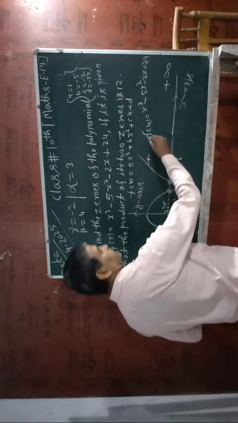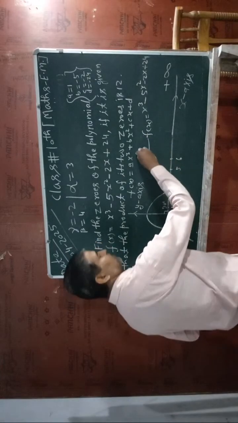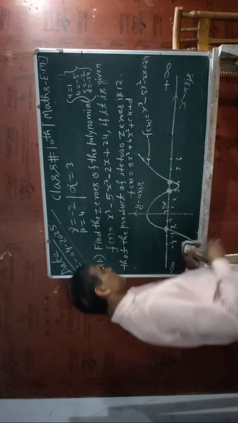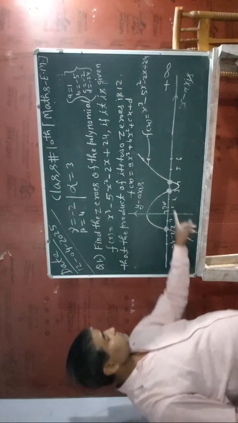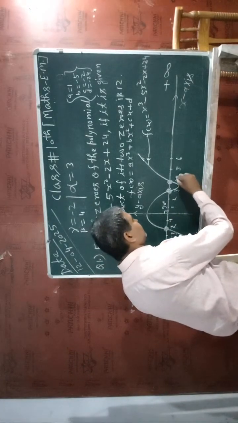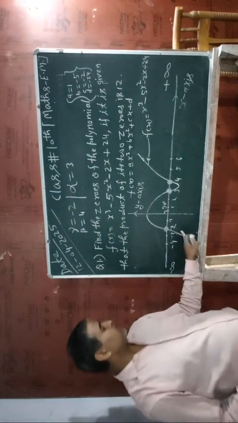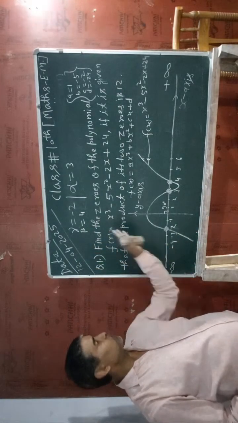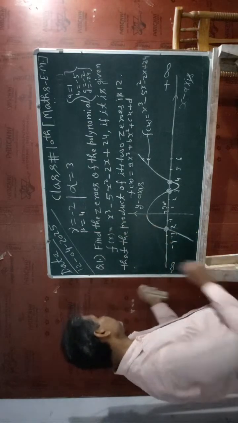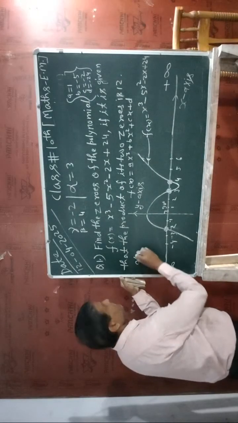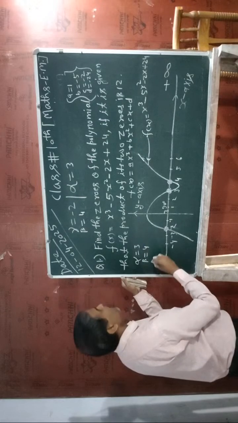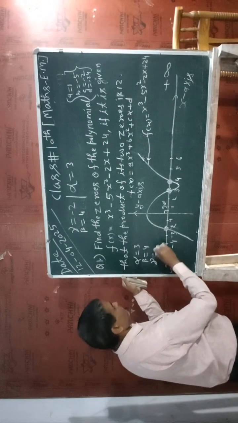So this polynomial has a graph like this, because this is a polynomial which is intersecting at the points 3, 4, and also minus 2. It means that this polynomial has three zero values. Already the zero values I have written: alpha is equal to 3, beta is equal to 4, and gamma is equal to minus 2.